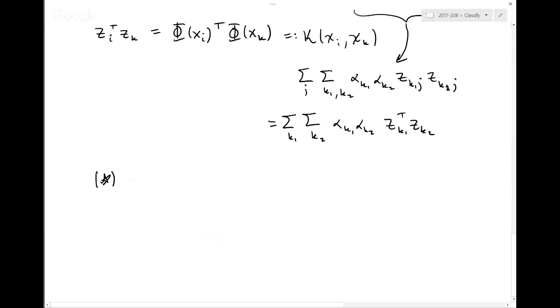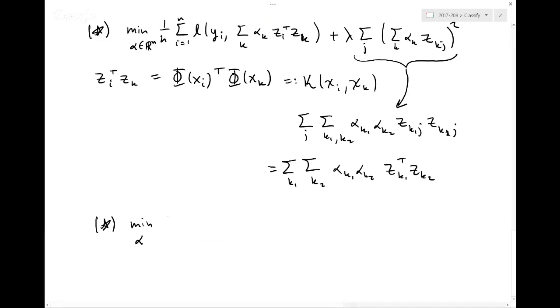So star, now we can say it's the minimum over alpha in R^n of 1 over n, sum i equals 1 to n of the loss, y_i, where we still have the sum over k of alpha k, but now we have the kernel. Every time we see a zi transpose zk, we replace it with this kernel, kappa of xi, xk.